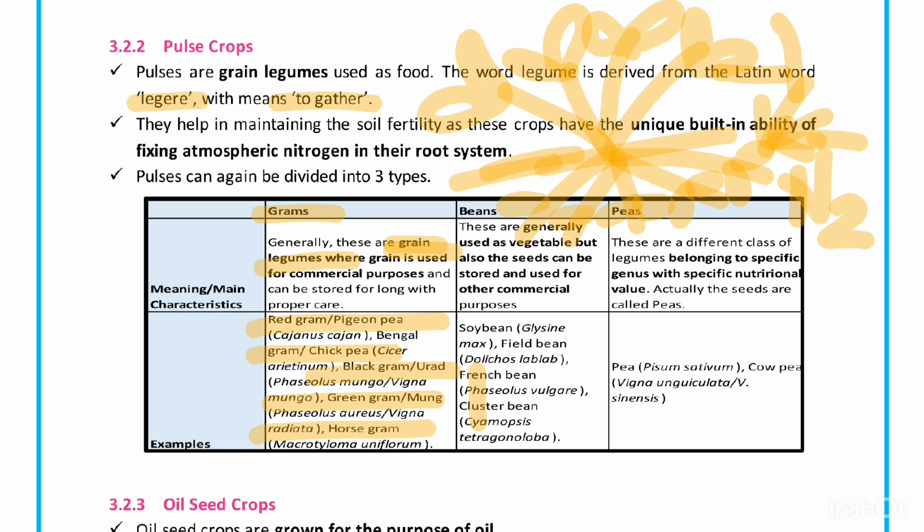Now in order to replenish the nutrients back to the soil, we grow pulse legumes after cereals. Legumes are very important in crop rotation because of their ability to fix atmospheric nitrogen in the soil. Okay, with that I hope the pulse crops are clear.